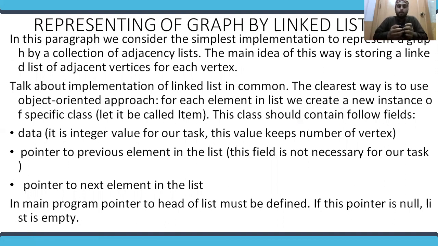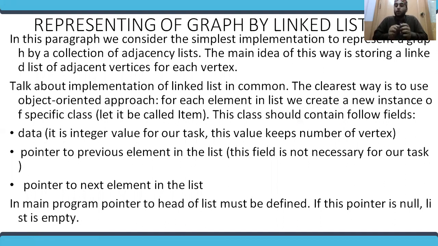Let's talk about implementation of the linked list in common. The clearest way is to use the object-oriented approach. For each element in the list, we create an instance of a specific class. Let's just call it atom.